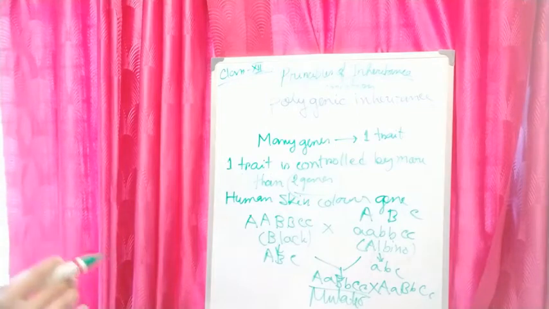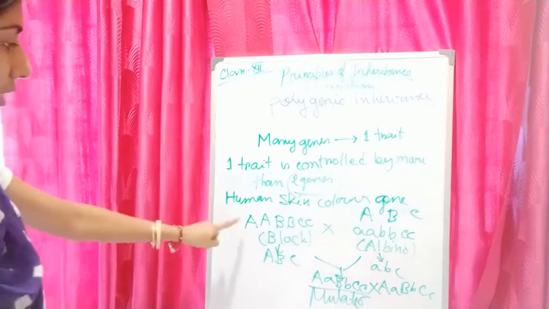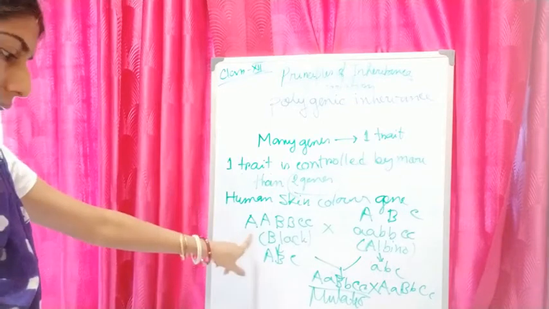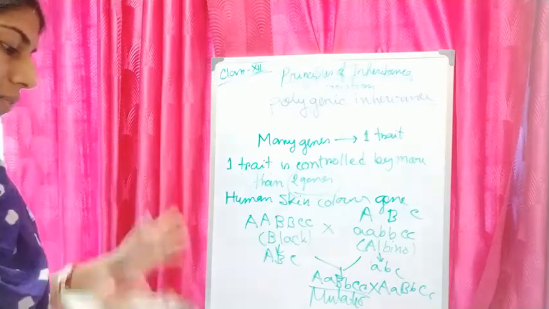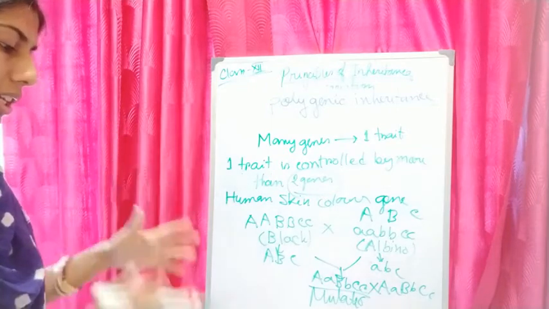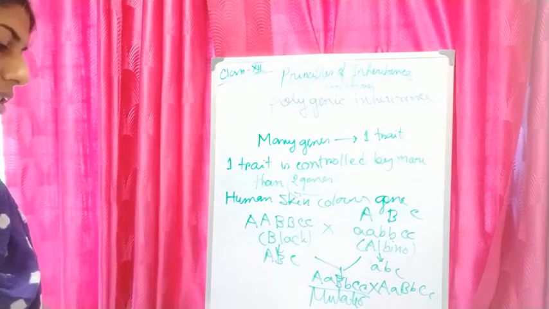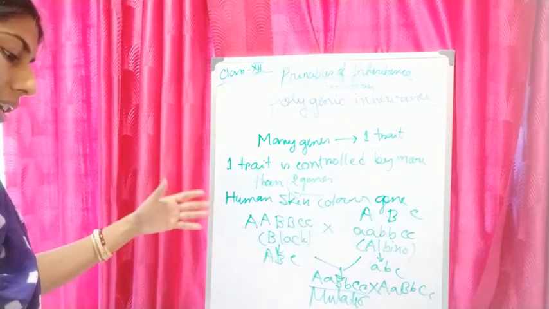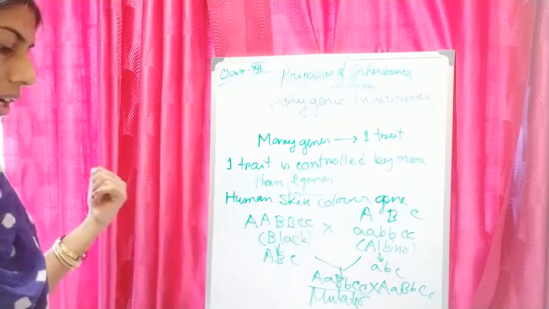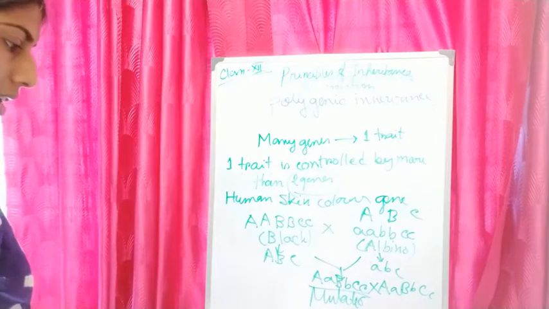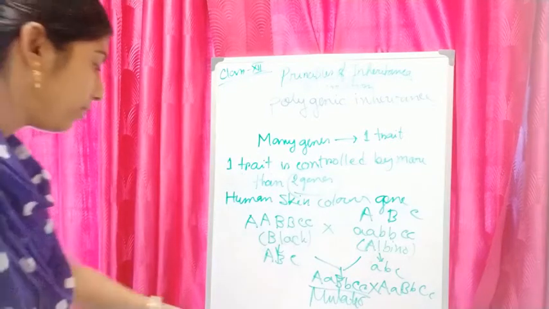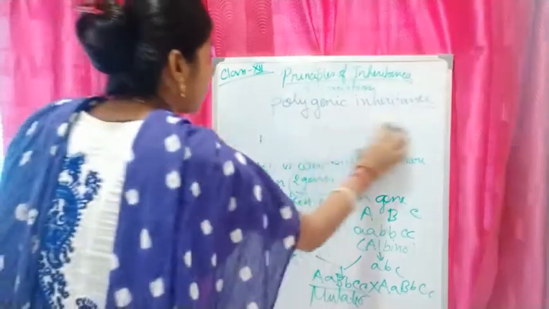Now, from this, what will we get? We will get 6 dominant black, 5 dominant very dark, 6 dark, 3 intermediate or mulatto, 2 fair, 1 very fair, and 1 albino. This type of result we will get, and from this we can get a bell-shaped curve.